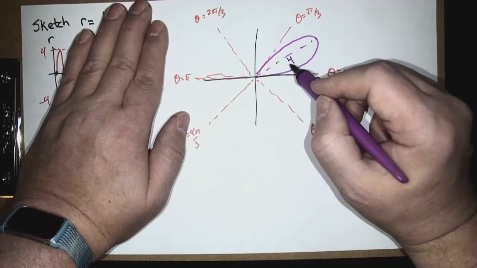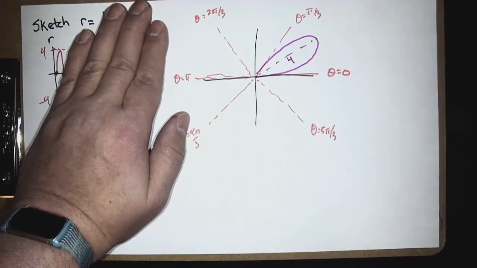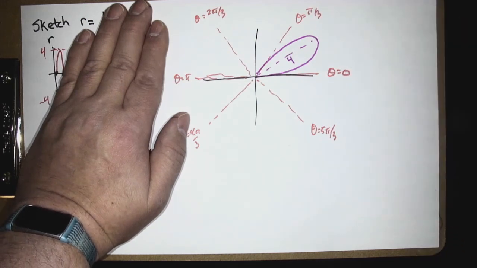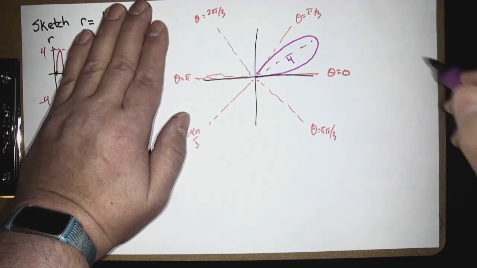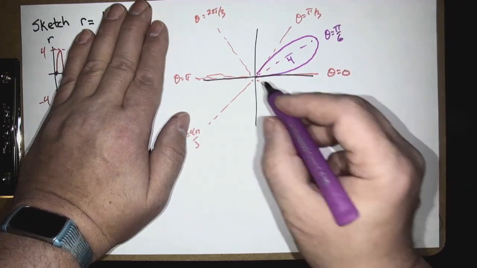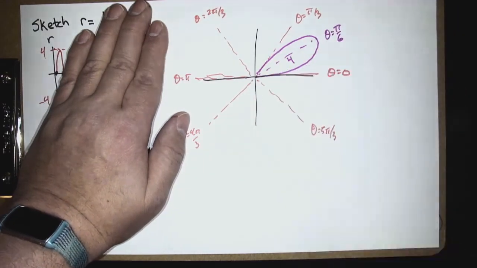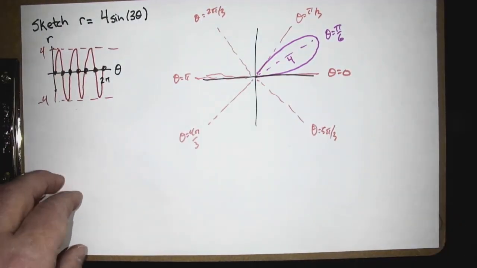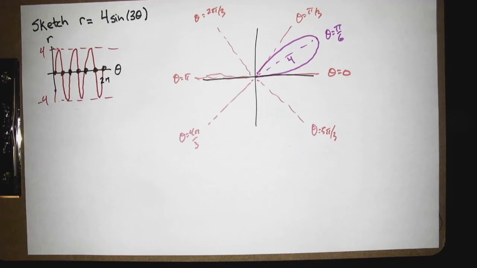This length is 4. And what's the angle? You can read it from the picture. What's halfway between 0 and pi over 3? This is at pi over 6. We're maxing out. So we go out, we come back in. That's the first up, down. Just think, go out, come back in.